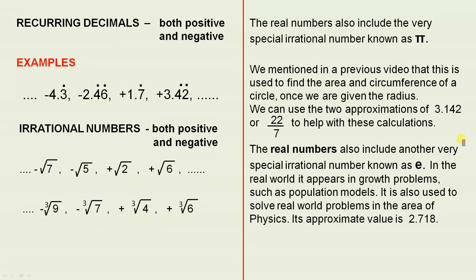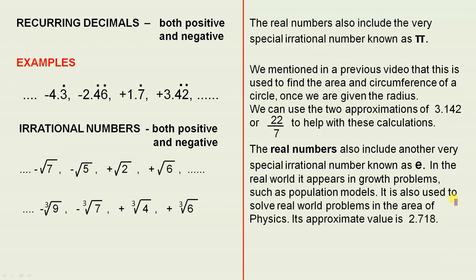The real numbers also include another very special irrational number known as e. Now you'll see this number much more often when you move through the later years of secondary school. It's a very important number, and in the real world it appears in growth problems such as population models.